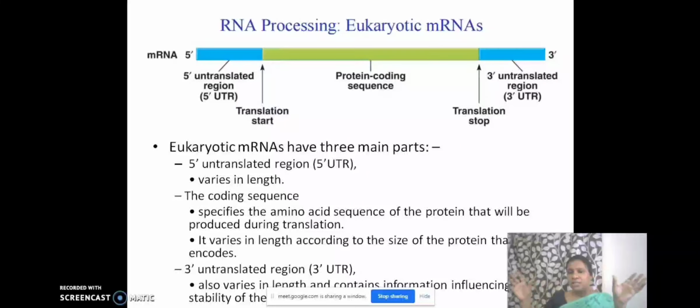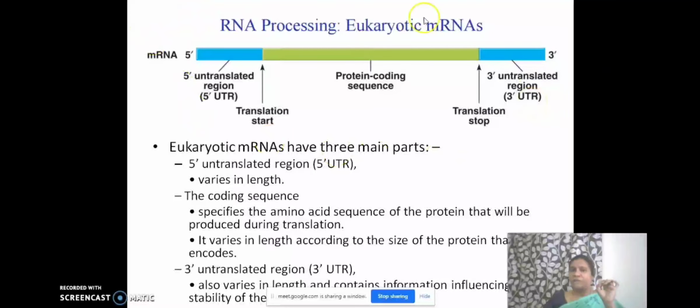What about the rest of the regions? The rest of the region has some other name. What is it? The region which doesn't code for any protein, located at the 5' end, is called the 5' untranslated region, because this region is not going to be translated. In the same way, you have some region at the 3' end, named the 3' untranslated region.